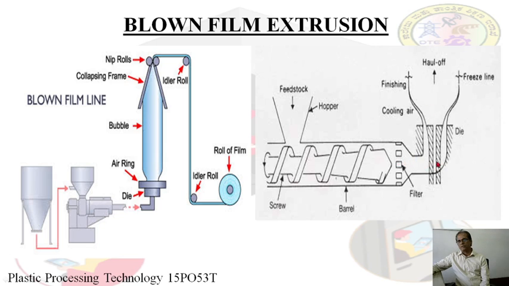Molten material comes out in this direction. It is taken in an upward direction and made to flow up in the form of a bubble, which leaves the die from here. And from here air is pumped so that sticking is avoided and the wall thickness can also be controlled.